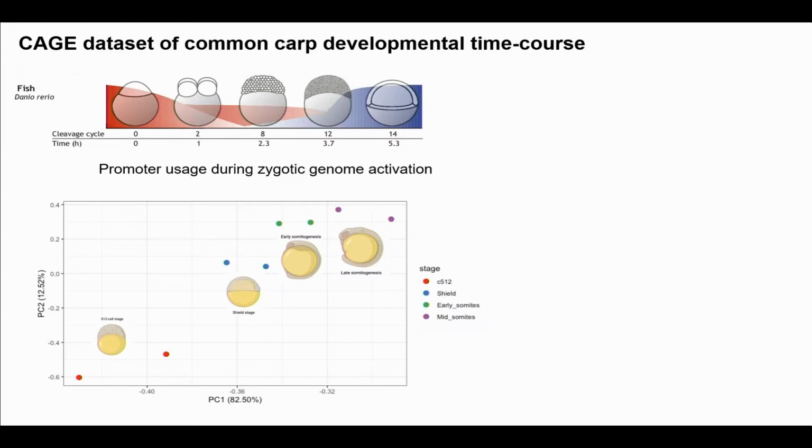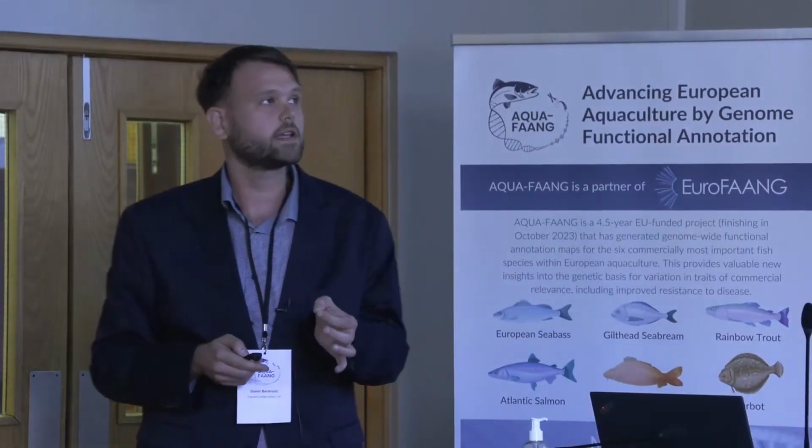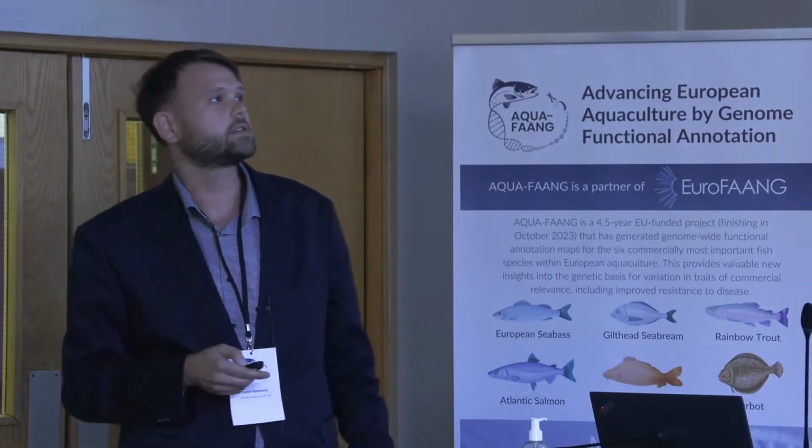And when we look at the specific dinucleotides from which the transcription starts, because the transcription doesn't start from random nucleotide sequences, it prefers pyrimidine and purine dinucleotides, or pyrimidine and cytosine.